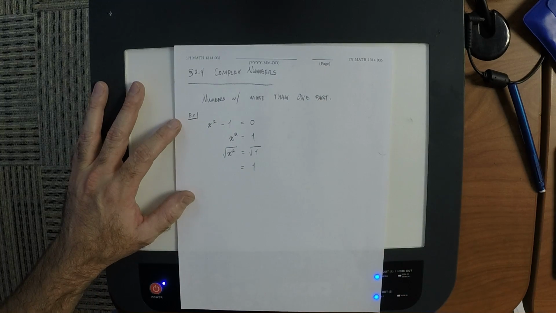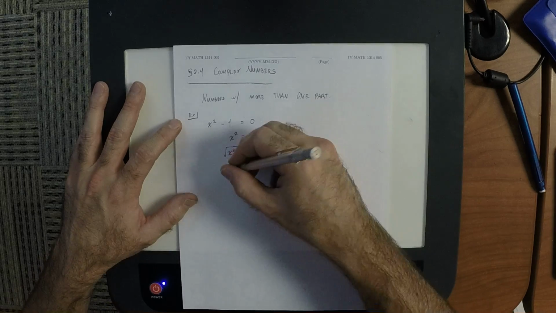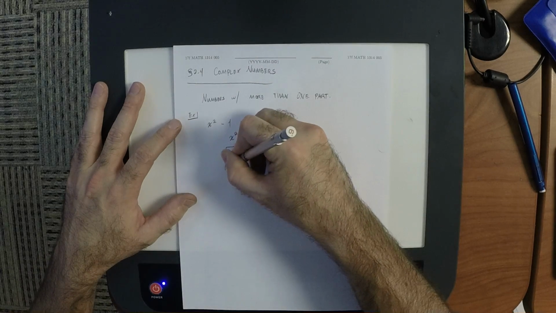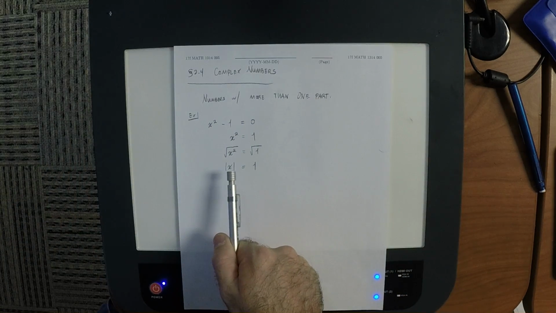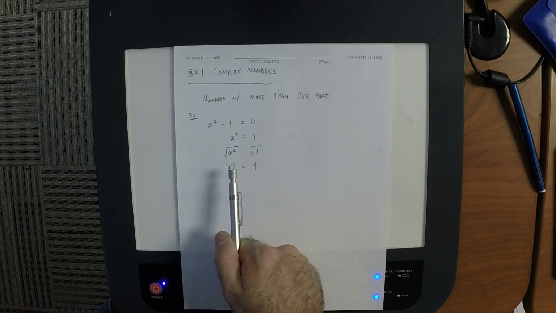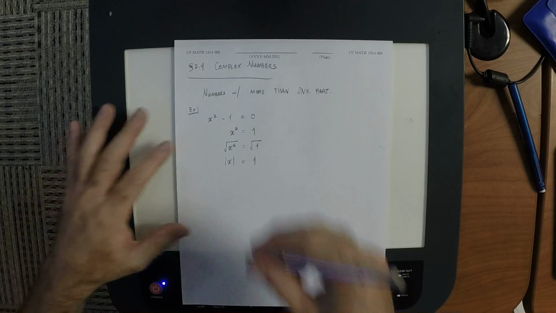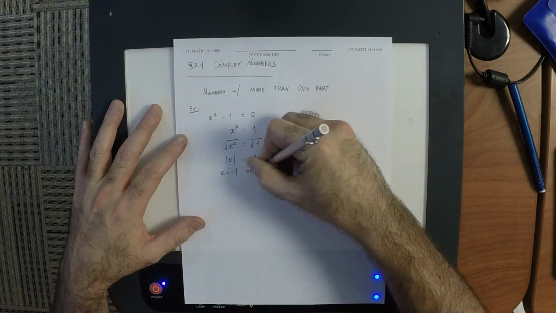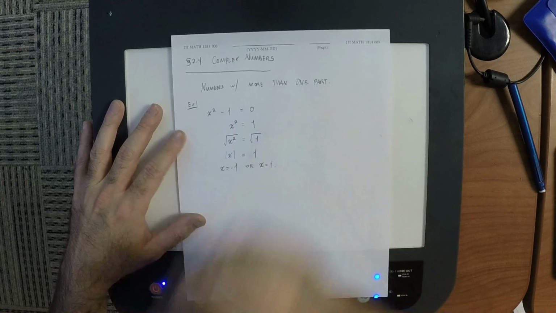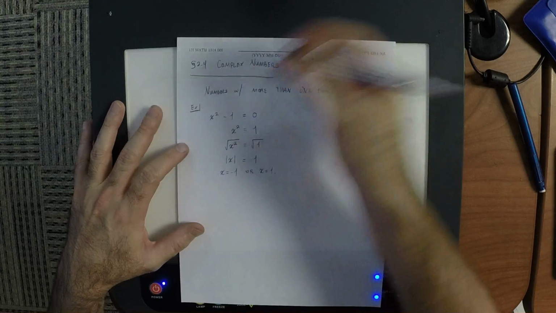Not x. The absolute value of x. What x's could you put inside of that absolute value so that 1 would come out? 1 would work. Negative 1 would also work. Okay. So that's a nice equation.